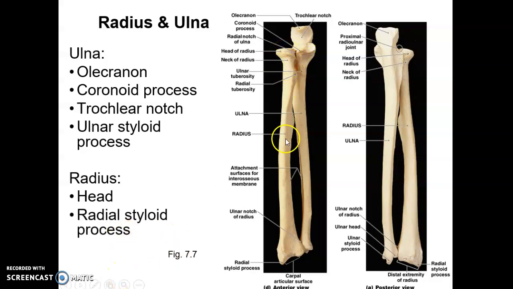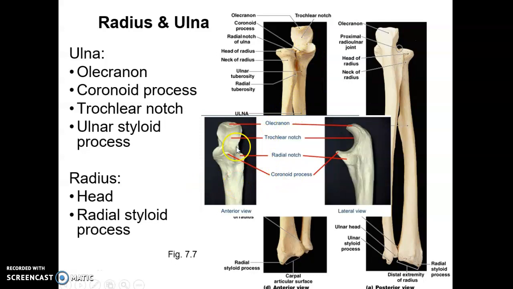And then distally, there's another bony protrusion that's bigger than the ulnar styloid process, the radial styloid process. The two styloid processes help form the joint at the wrist with the carpals. We'll talk about these joints and how they move when we do articulations in the next chapter.